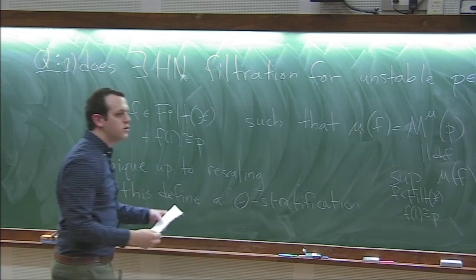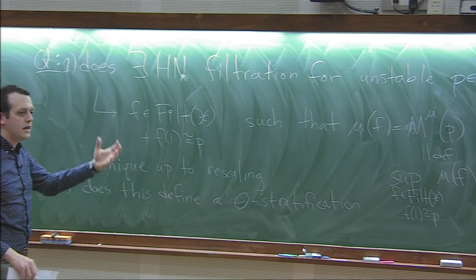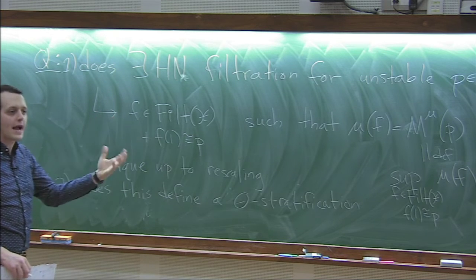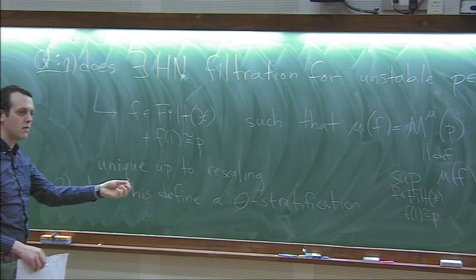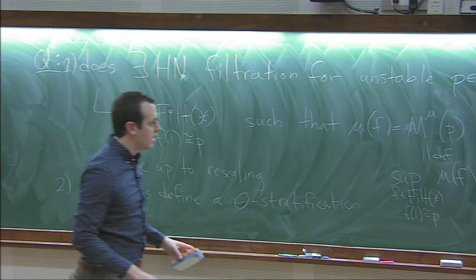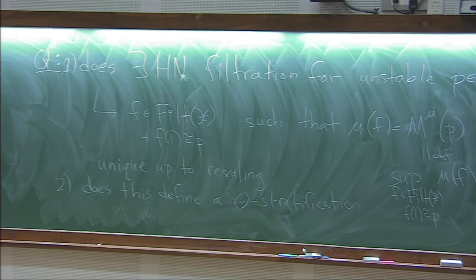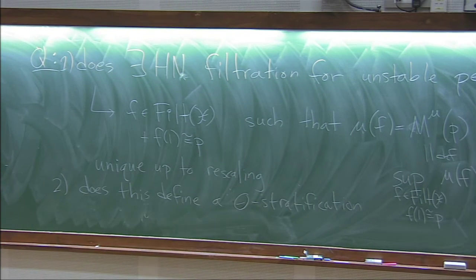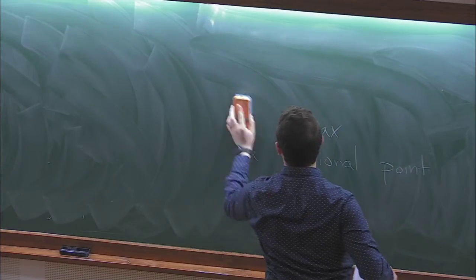In other words, if I consider all filtrations which are Harder-Narasimhan filtrations of their associated underlying object, that gives me a subset of the mapping stack, up to rescaling the weights. Does that actually give me a theta stratification in the sense that I defined for you?